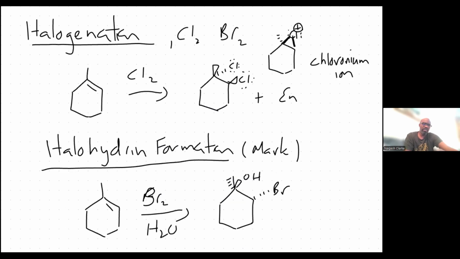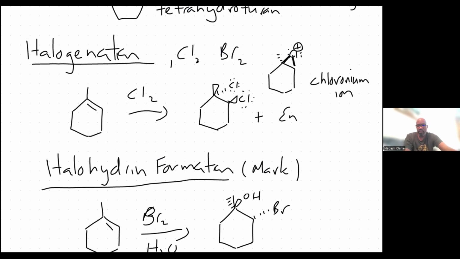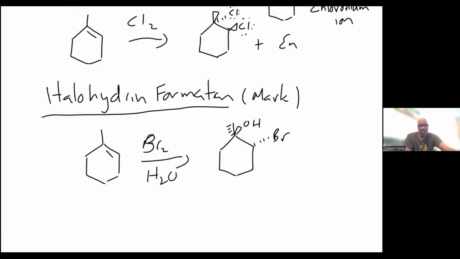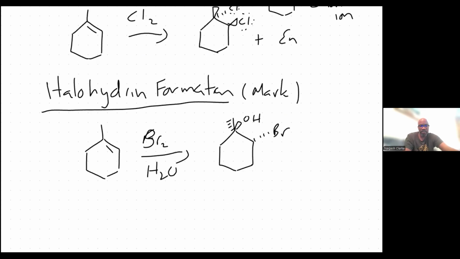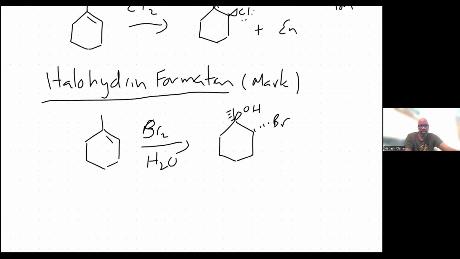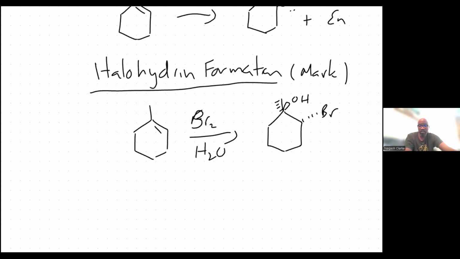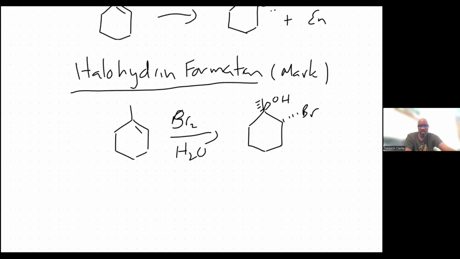So that's not a carbocation, so there's no rearrangements. And this would form a bromonium intermediate, just like the chloronium. All right, so no rearrangements here, but Markovnikov, and you can form stereoisomers, either enantiomers or diastereomers.